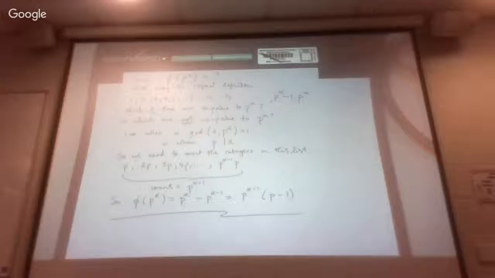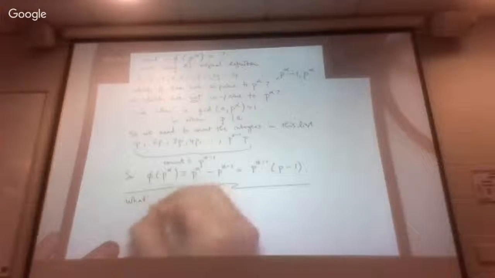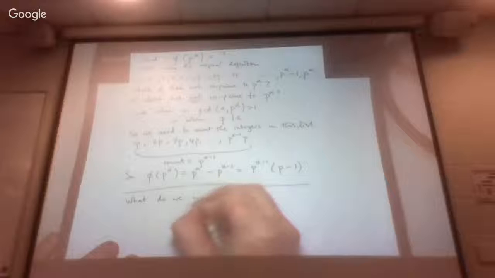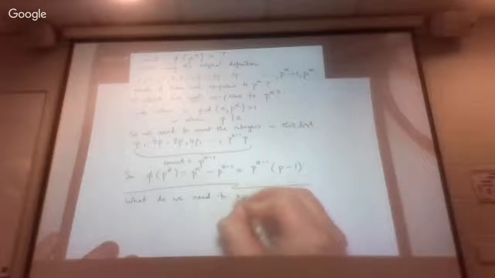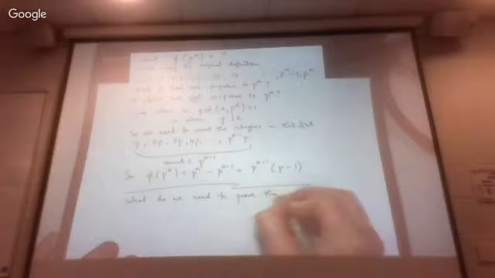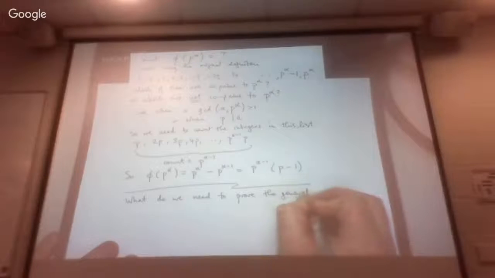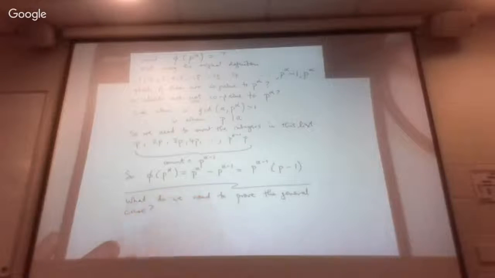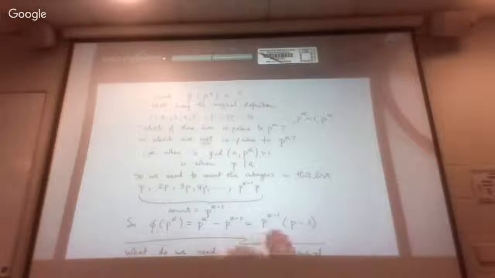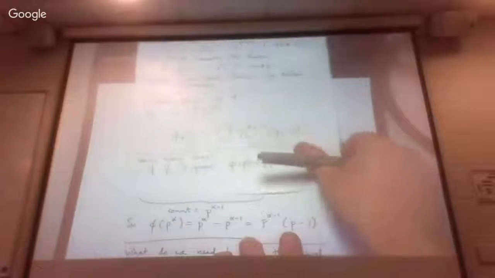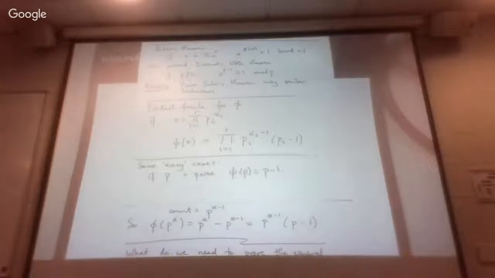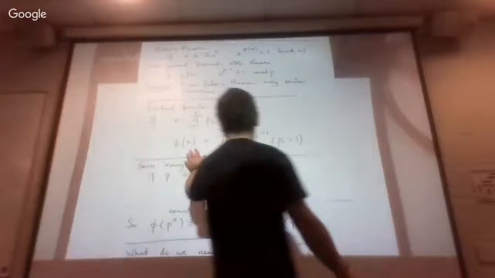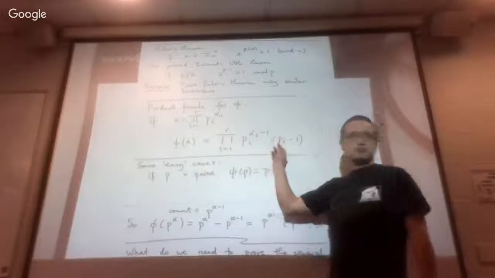So what kind of thing do we need now to prove the general case? That's what we ask ourselves. We proved the special case: the power of a single prime has the right form as is said by the general product formula.